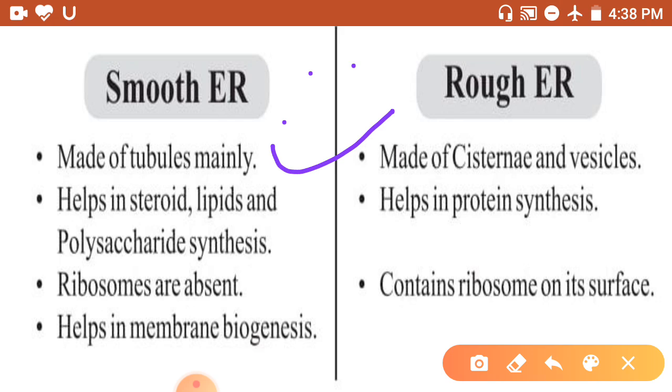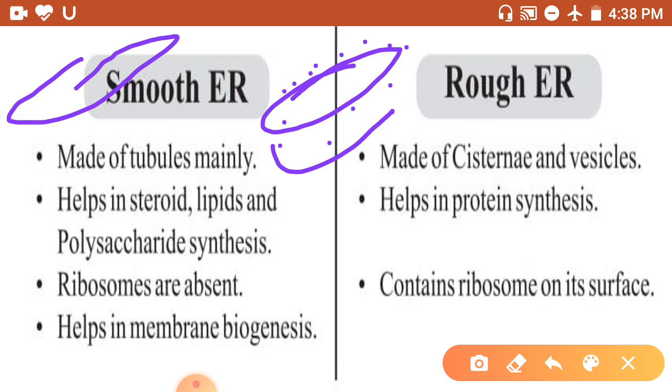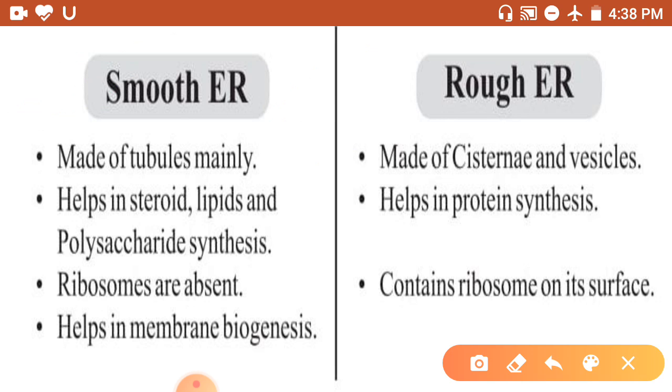You can see in the diagram there are tube-like structures, but in the smooth there are no dots, simply tube-like structure. But rough endoplasmic reticulum is made of cisternae and vesicles, right? You can observe that in the slide, there are many dots outside of this. So this is the rough endoplasmic reticulum.